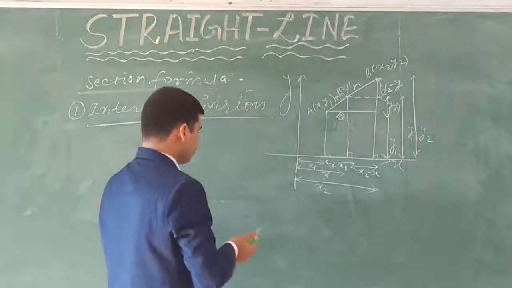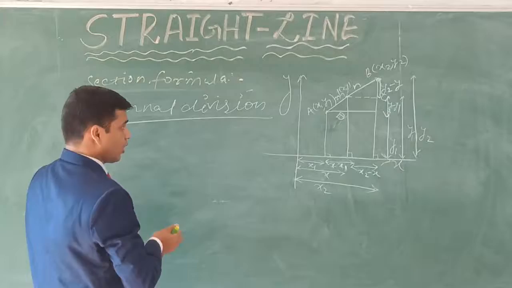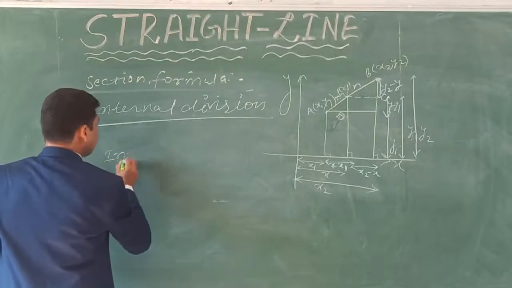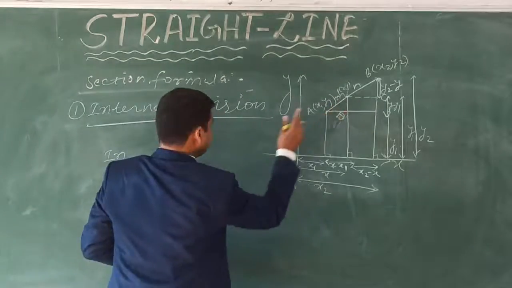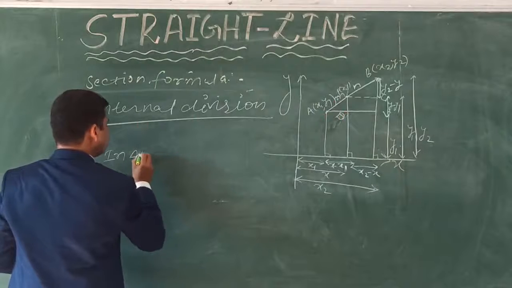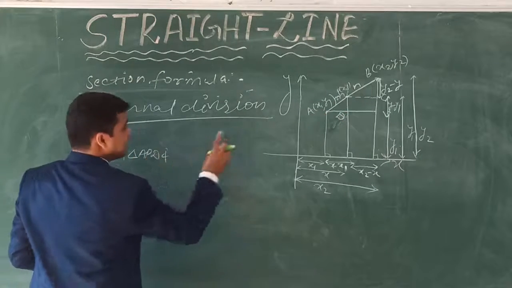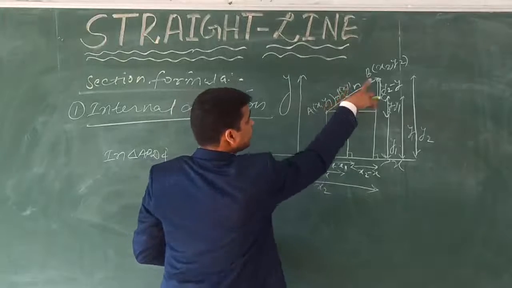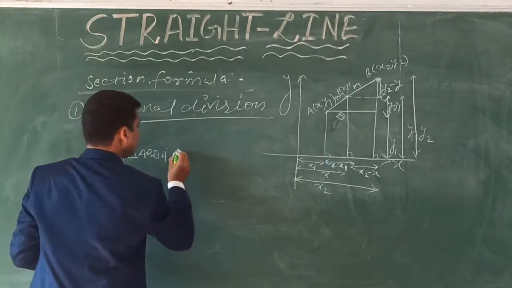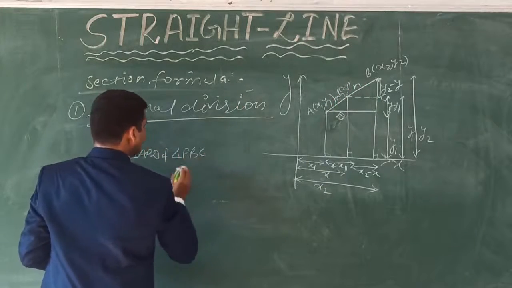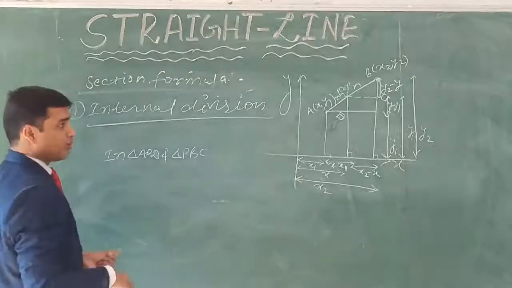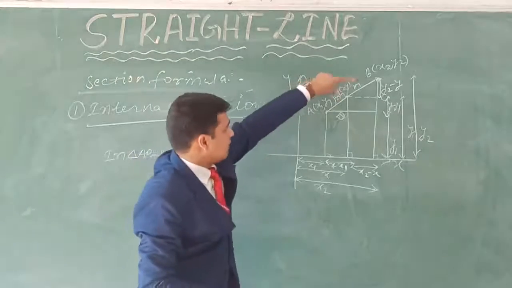Now see this. I am going to talk in triangle APD and triangle PBC. Okay, so both are similar triangles. So we know that we can write in this way: AP upon PB.